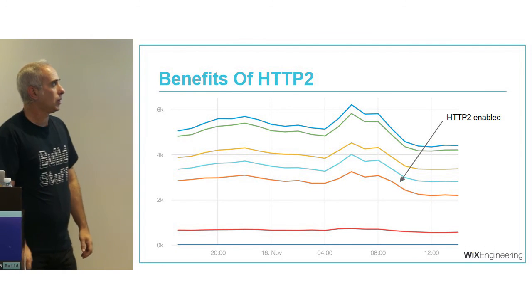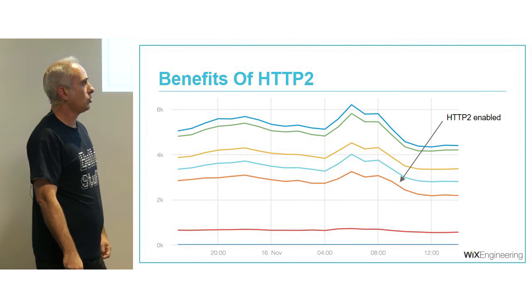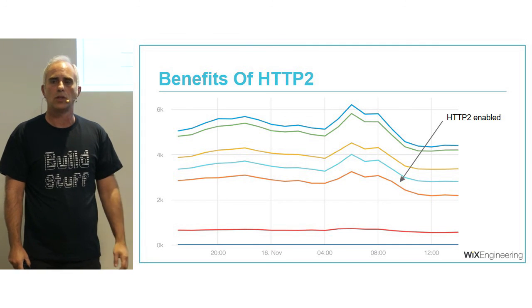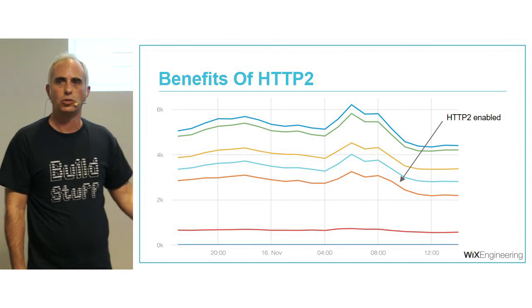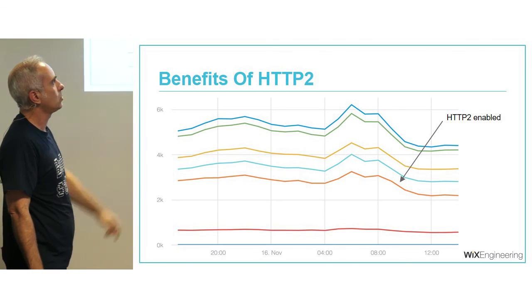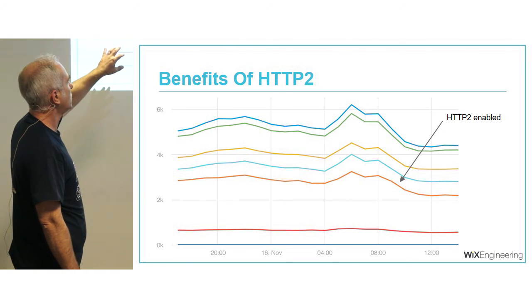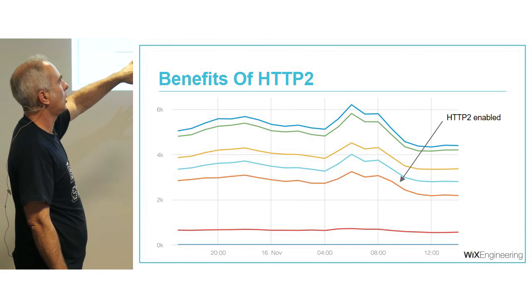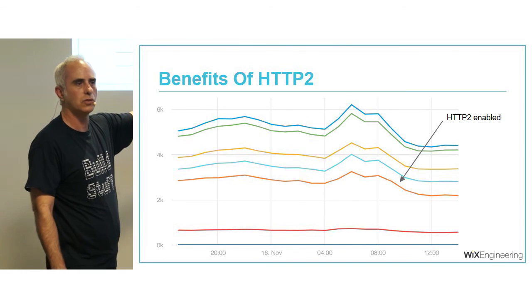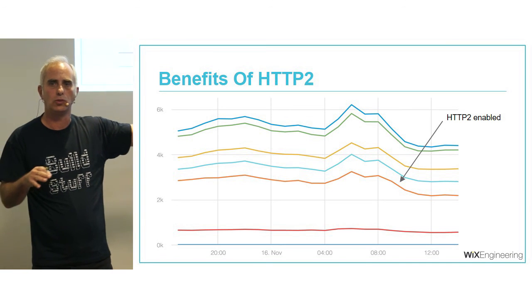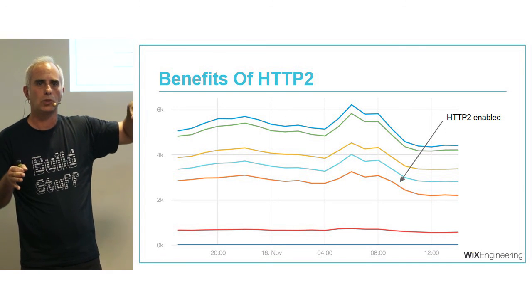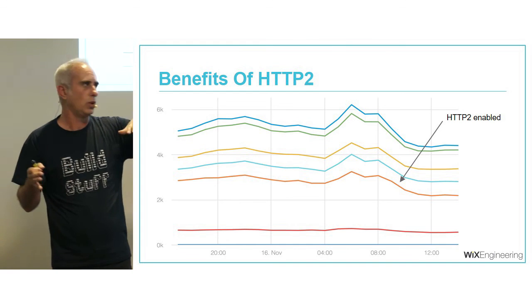So I talked about the impact of HTTP2. For technical reasons, we disabled HTTP2 for a while in some of our geos, and then we turned it back on again, and this is what happens. As you can see, the graph fluctuates over time in any event, which can sometimes make it difficult to analyze what's going on. That's why you want to compare to what happened the day before or the week before.